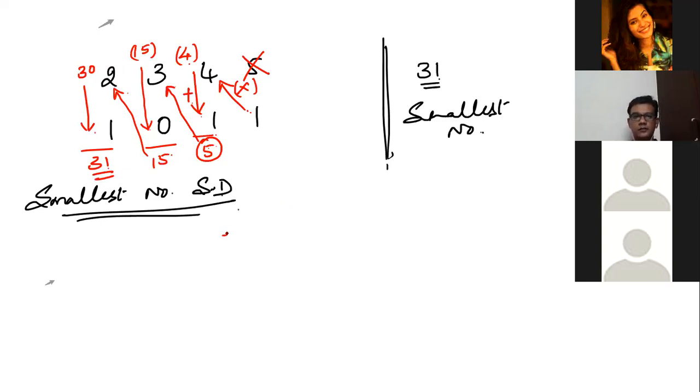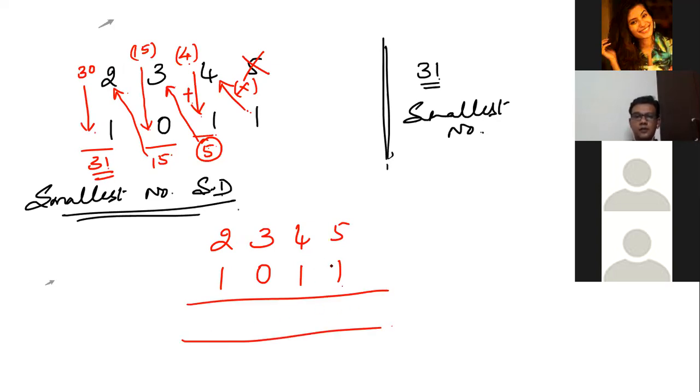Did you understand? 2, 3, 4, 5 with remainders 1, 0, 1, 1. Sir, can you repeat it? Yes, I'm repeating. Ignore the last divisor. Take the remainder 1 and multiply it with the previous divisor. Cross multiply, vertical add.